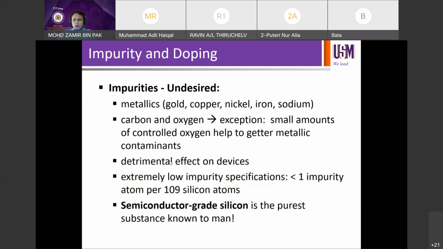So when you talk about impurities, you can divide them into undesired impurities and desired impurities. The first one is undesired impurities.